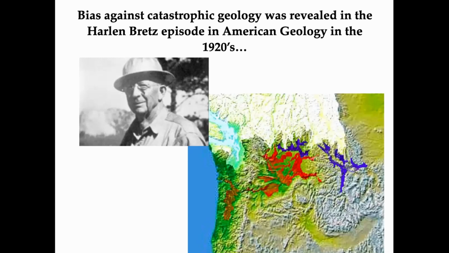And what he wanted to do was to try to explain the Eastern Scablands of Washington State. And basically what he showed was that this was the result of a catastrophic flood, but it was a local one.